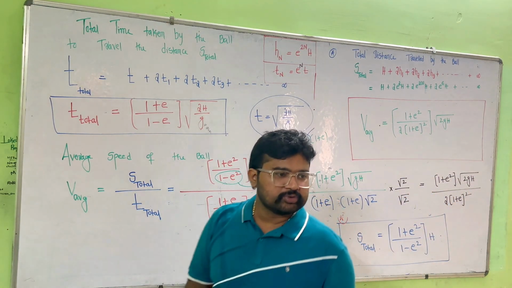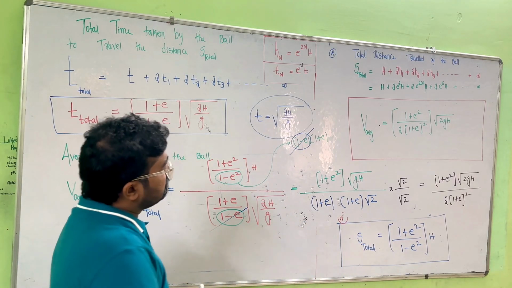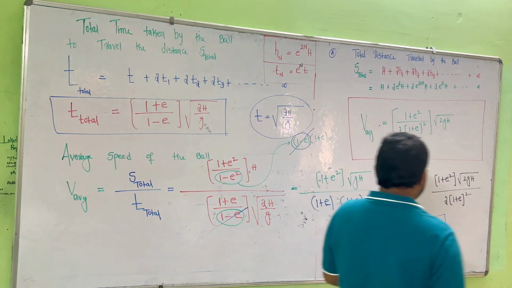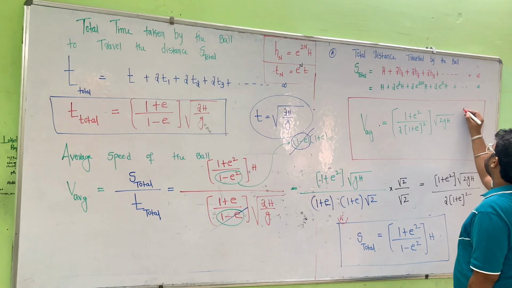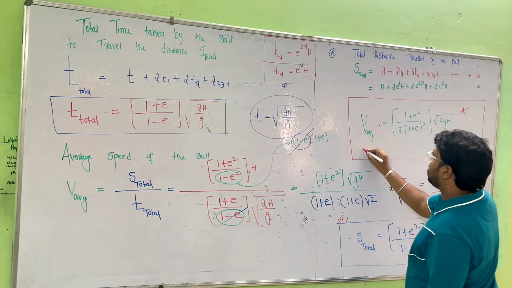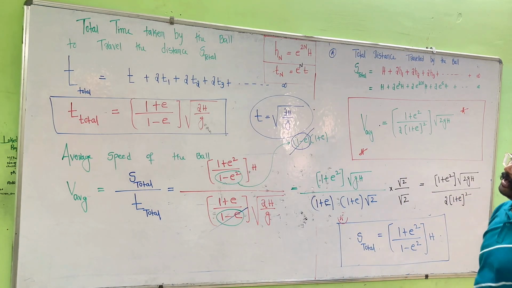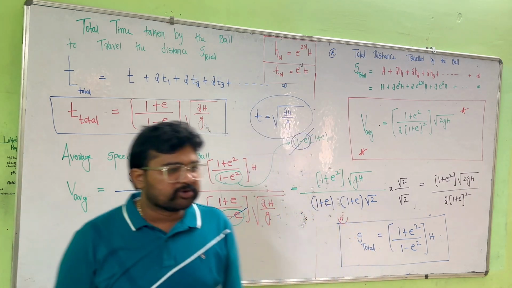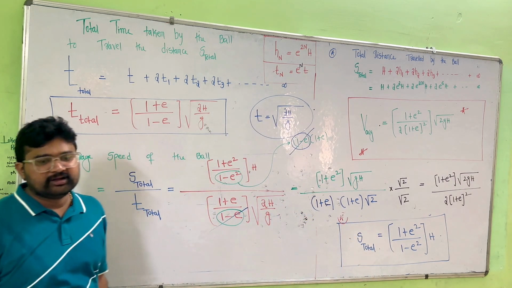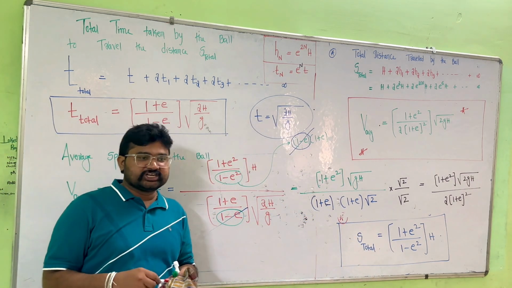This is the expression for the average speed of the ball. This is all about bouncing of ball cases in the collision chapter.